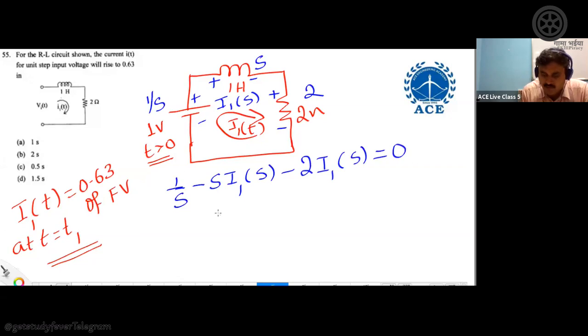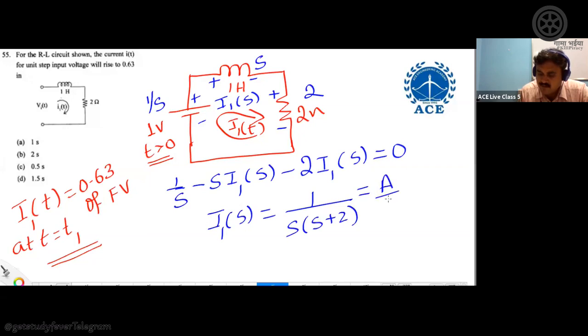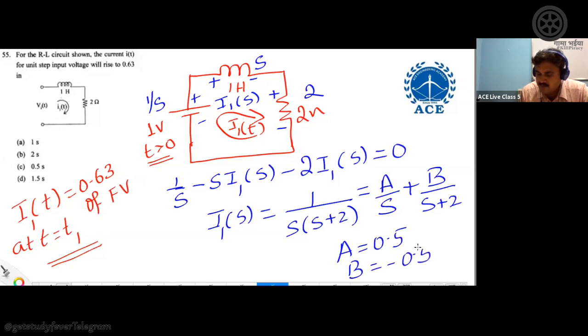So what will be I1(s)? I1(s) is 1 by s into (s plus 2). We can write this as A by s plus B by s plus 2. You will get A as 0.5 and B as minus 0.5.